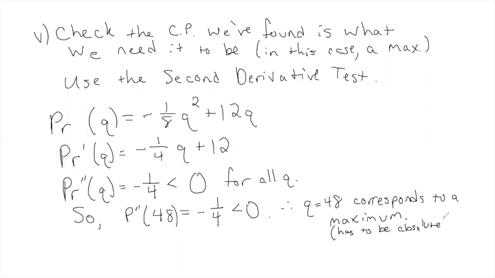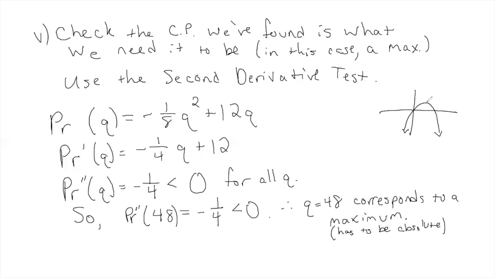Meaning it's not local, right? Because the graph of the profit, I'm sorry, this should be PR here, the profit equation is going to look like this, right? And of course, this is probably going to be bounded. We didn't discuss the domain of this function. It certainly has a domain. It's not going to be everything.